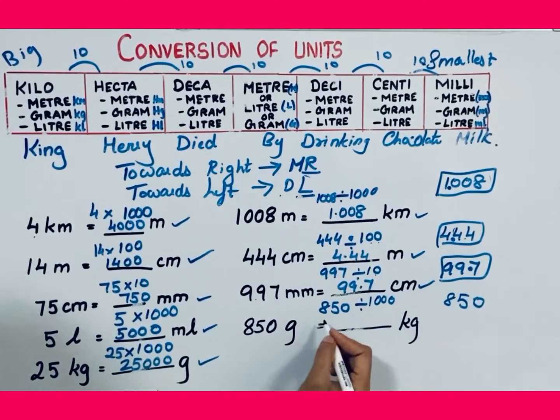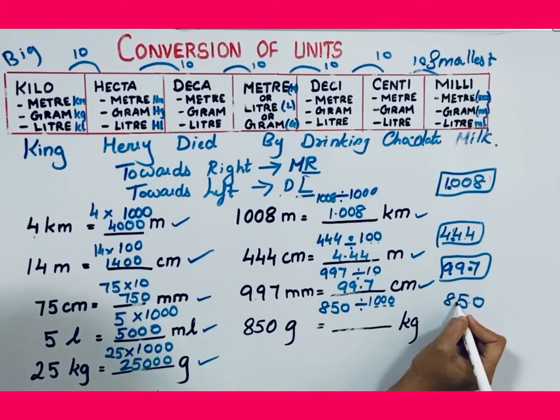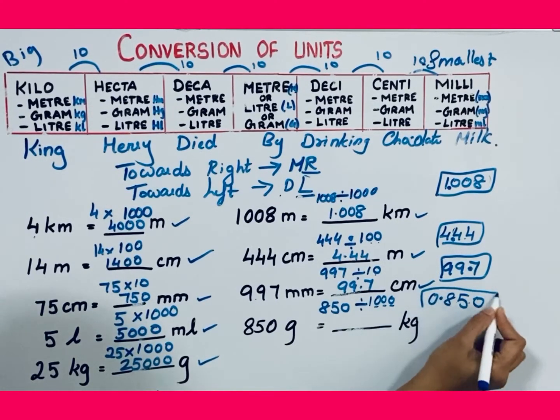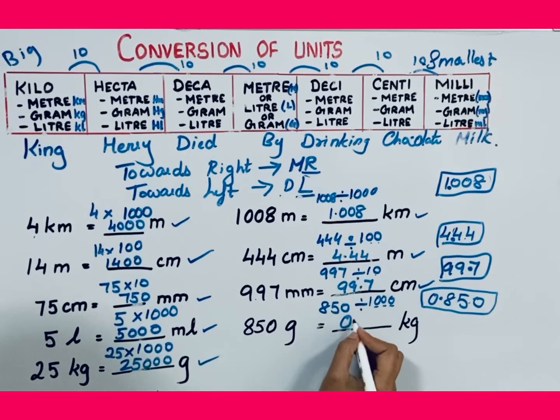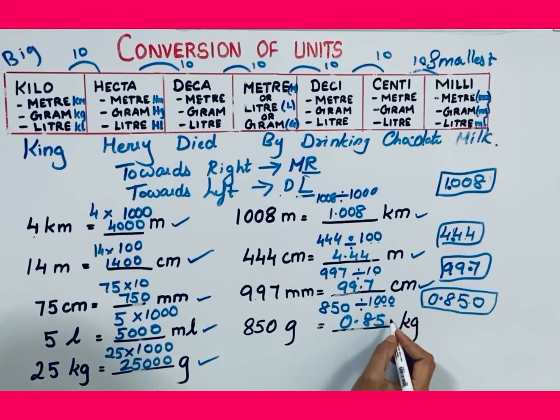To divide 850 by 1000, you have to move 3 times towards left. 1, 2, 3. It's 0.85. 850 gram is 0.85 kilogram.